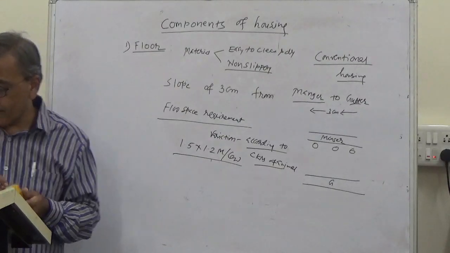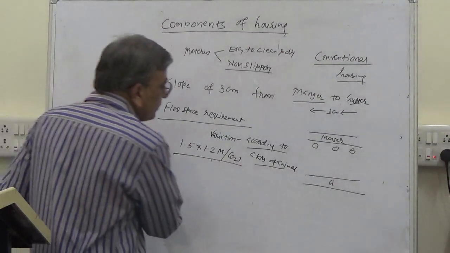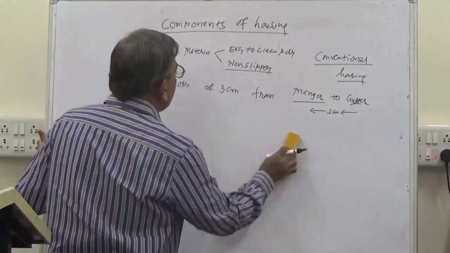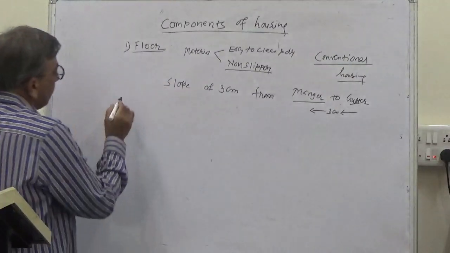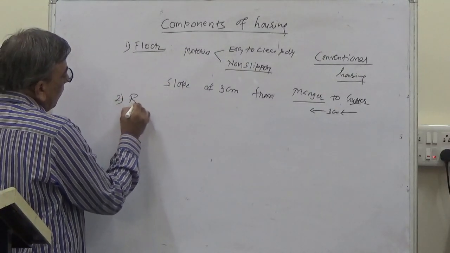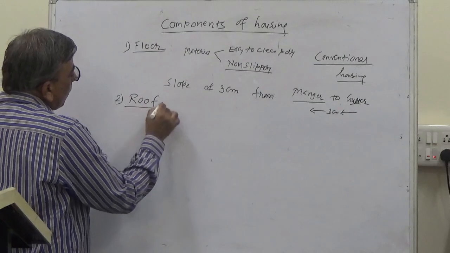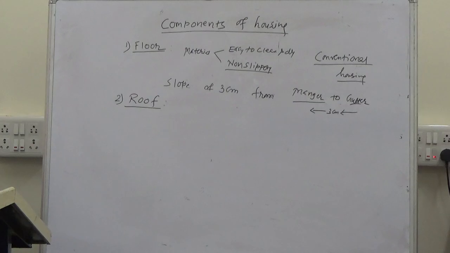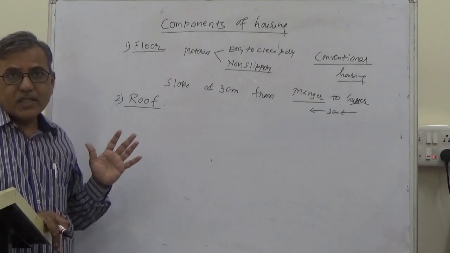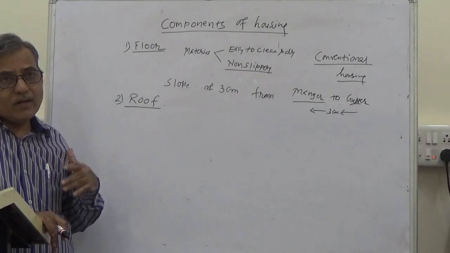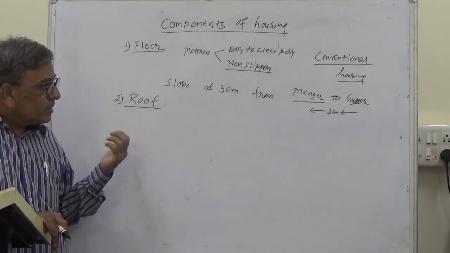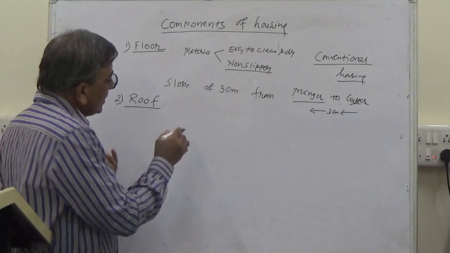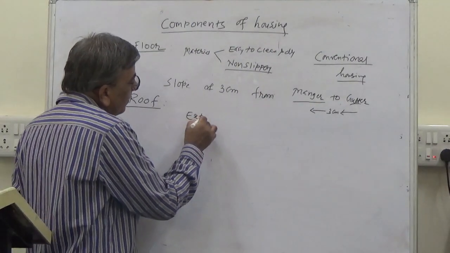Then second one is roof of the house. The roof of the house should be constructed, it should have an arrangement such that it should take care of the sudden and extreme fluctuations of temperature.